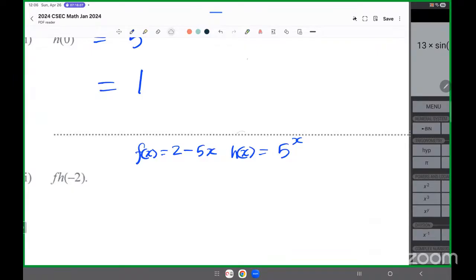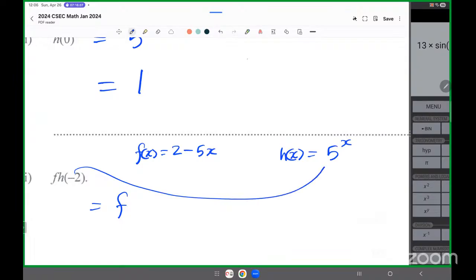Those are our two functions. So this now becomes equal to f of the h of minus 2, and we're doing this part first. h of minus 2. So it becomes 5 to the minus 2. Well, 5 to the minus 2 is 1 over 25.